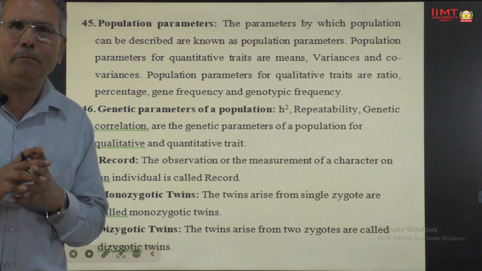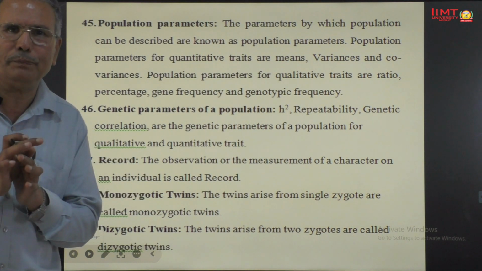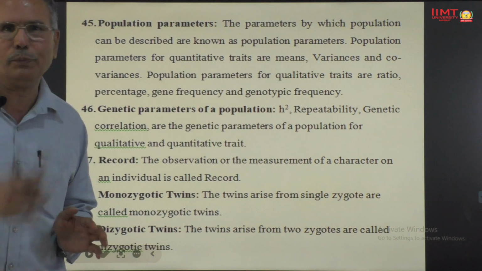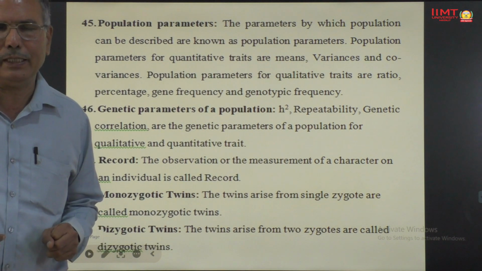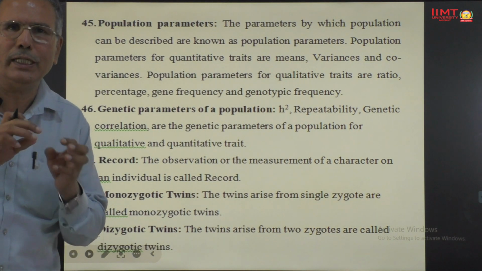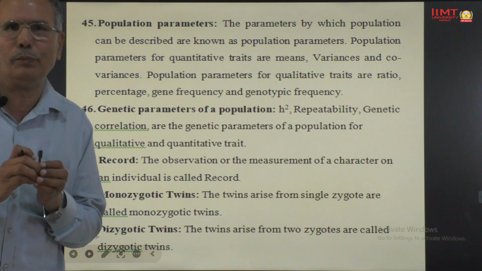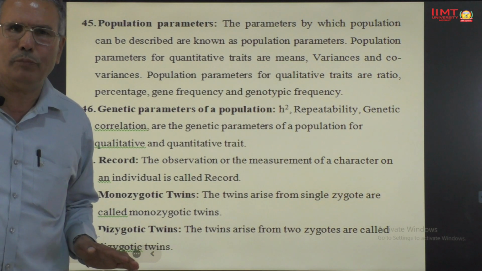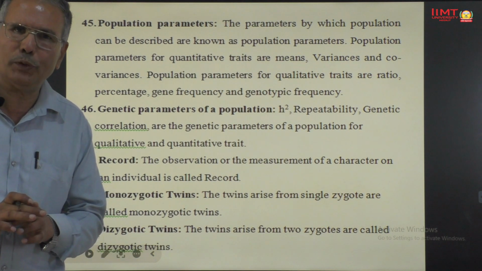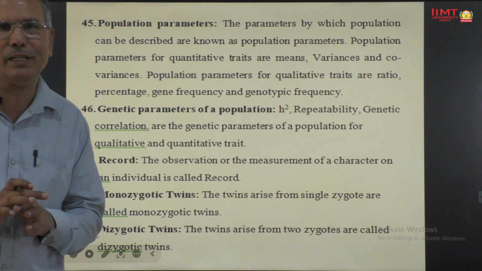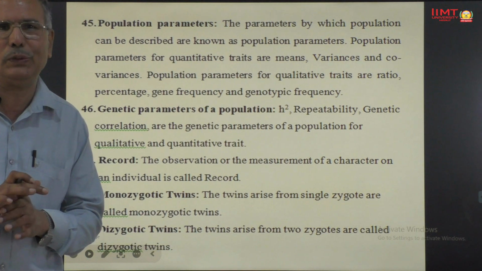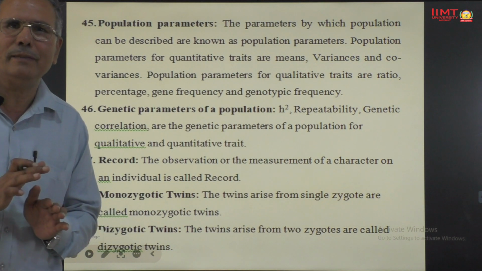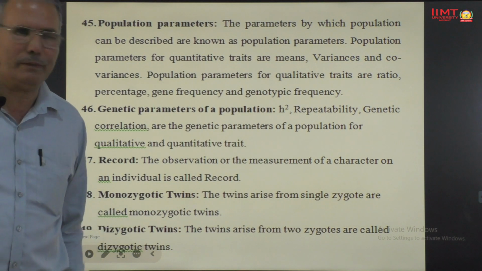The genetic makeup of both is not the same as in the case of monozygotic twins. In monozygotic twins, the genetic makeup of both twins is 100% similar. But in dizygotic twins, the genetic makeup of both twins is not 100% similar. They are similar as full sibs.